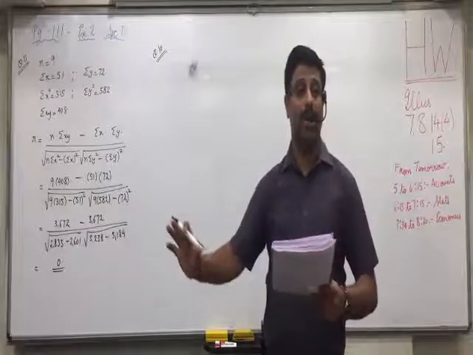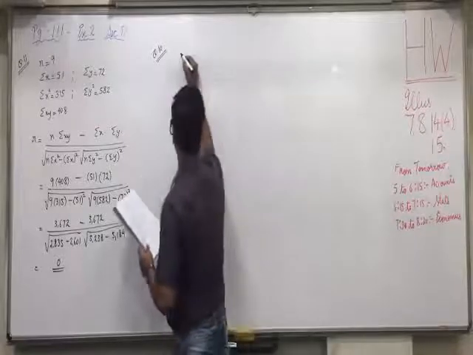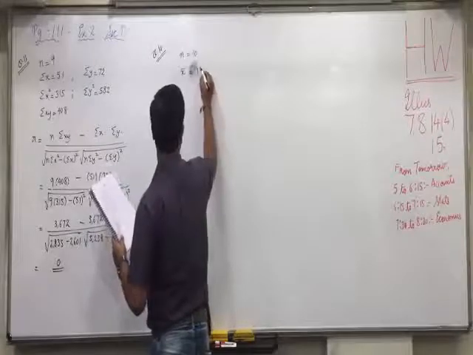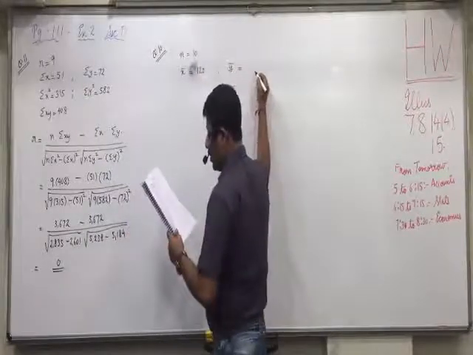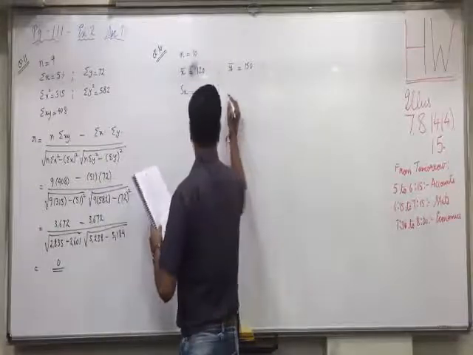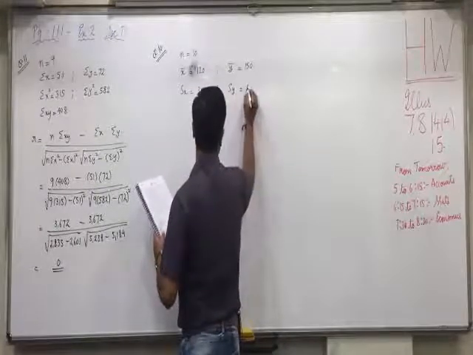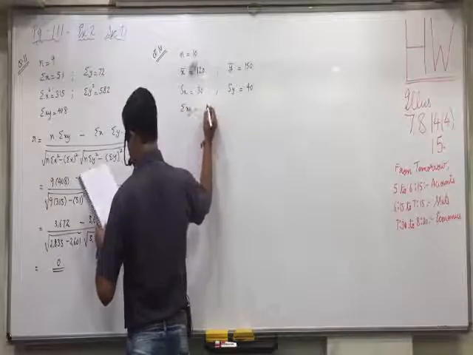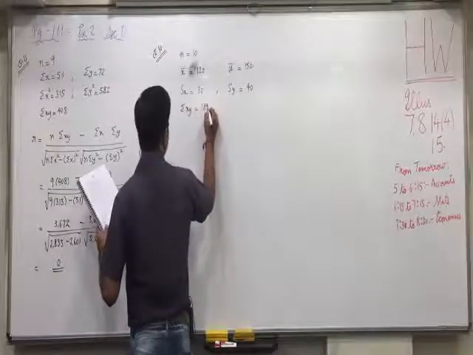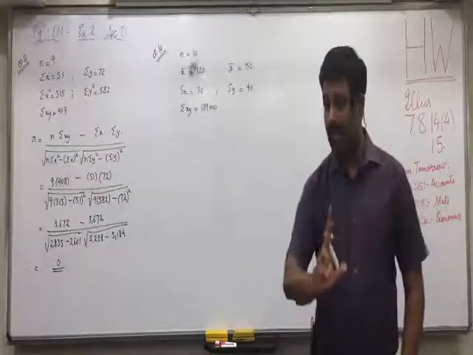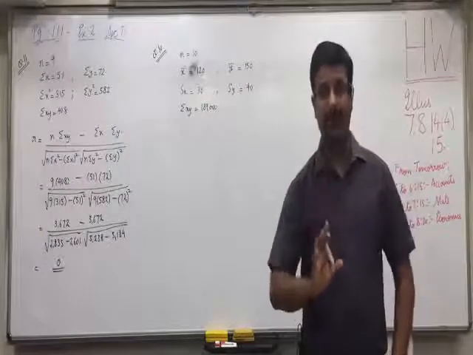They are already denoted. n is equal to 10, x bar is equal to 120, y bar is equal to 150, sx is equal to 30, sy is equal to 40 and sigma xy is equal to 1,89,000.